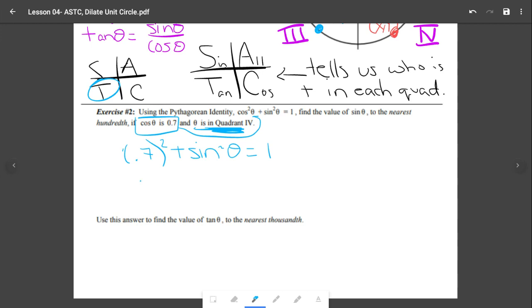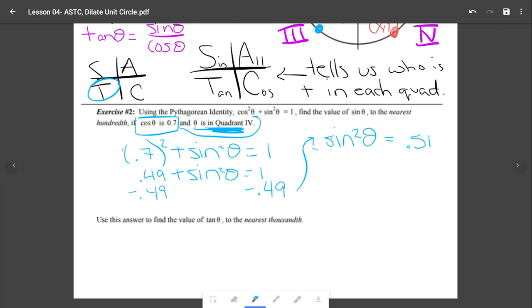So 0.7 squared, you can do it on your calculator. You should get 0.49. Subtract it to the other side. So we should get sine squared equals 0.51.